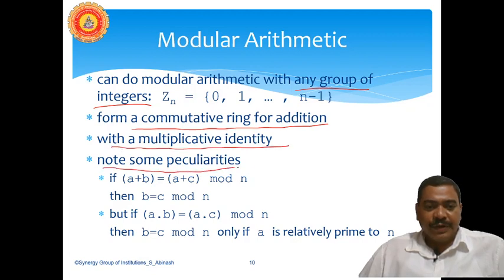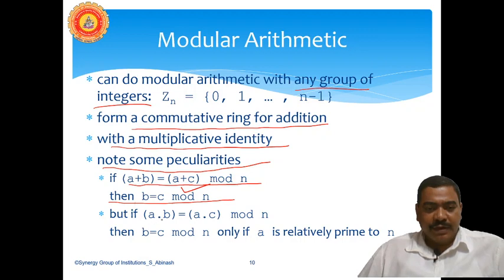Note some peculiarities. If A plus B is equal to A plus C mod n, then B is congruent to C mod n.